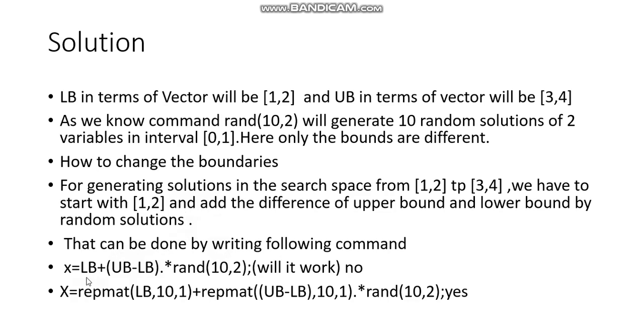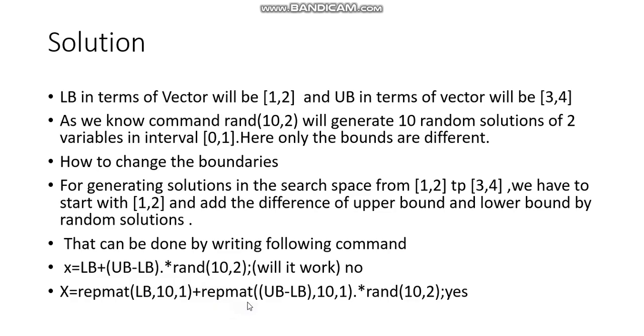To perform these operations, you have to make the size of the vector equal to 10 by 2. The only difference is that here we are taking 1 row, and here we are taking 10 rows. So I will use the wrapmat instruction, wrapmat(LB, 10, 1). It means I will create 10 copies of LB directly.